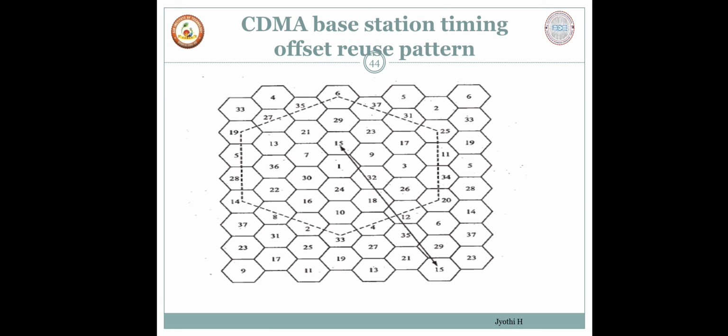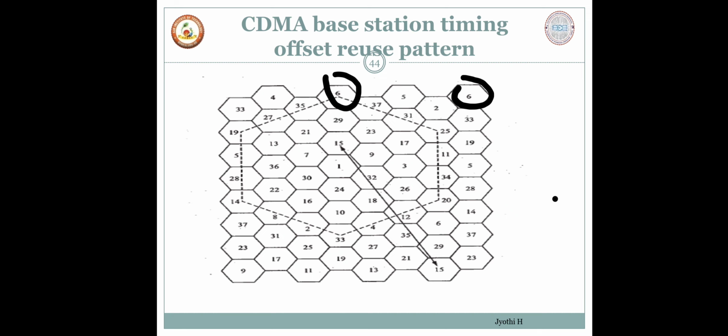This is the CDMA base station timing offset reuse pattern. You are able to see that the channel 6 is used here, and the same channel is going to be used here as well, with the same set of frequencies. That is the beauty of CDMA.